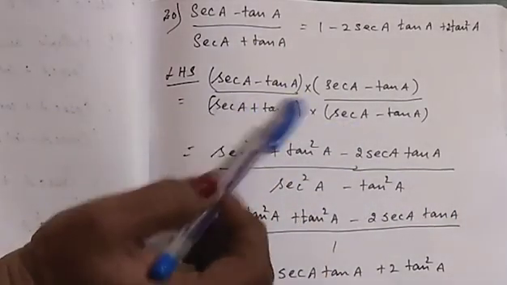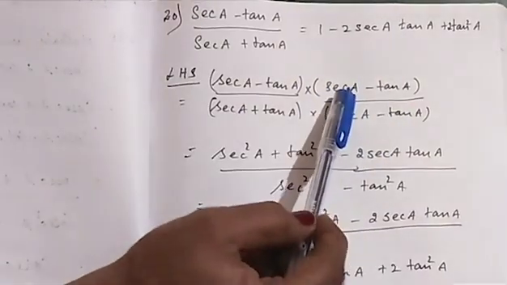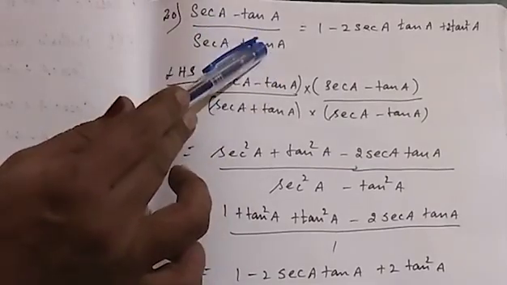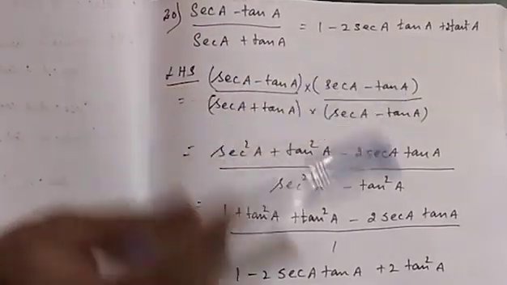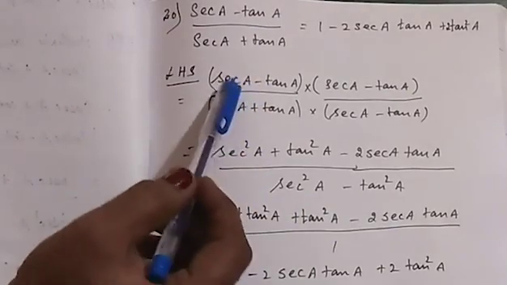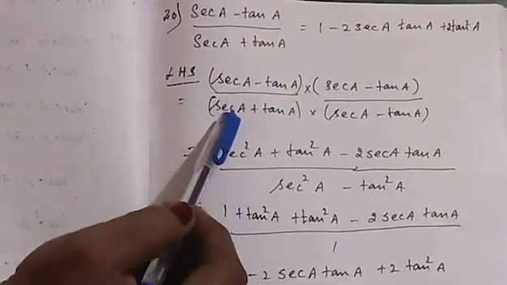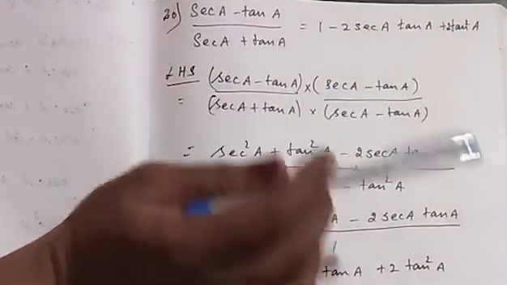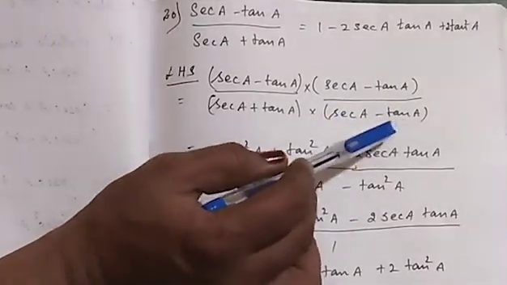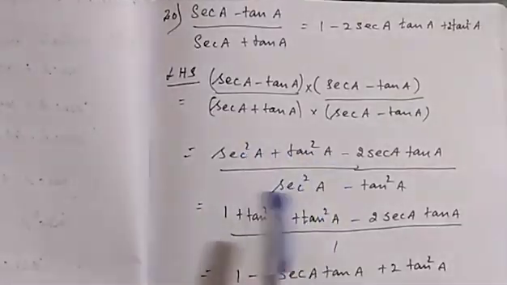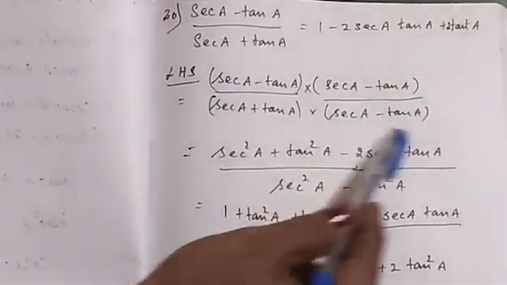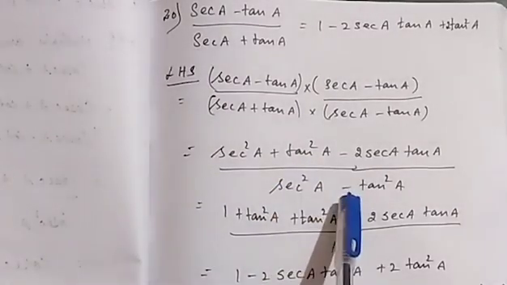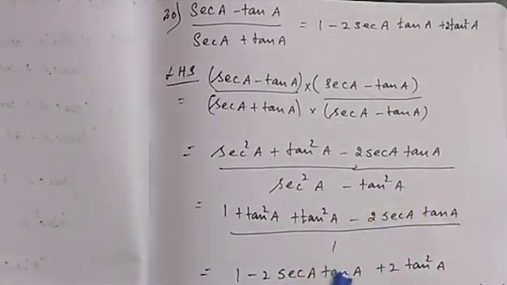So, take the left hand side and multiply and divide by secant A minus tan A. So, you will get secant A minus tan A upon secant A plus tan A into secant A minus tan A upon secant A minus tan A. Now, see the denominator, A plus B into A minus B. So, A squared minus B squared. Secant squared A minus tan squared A, that is equal to 1.